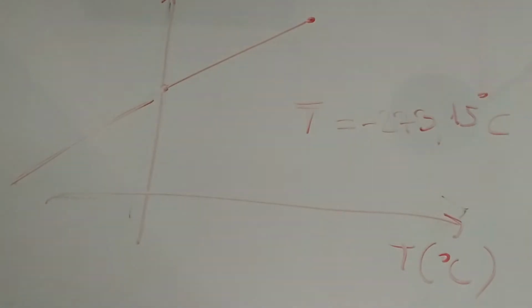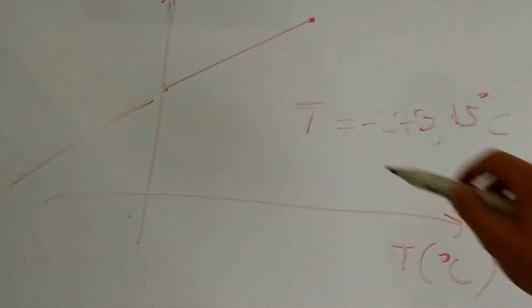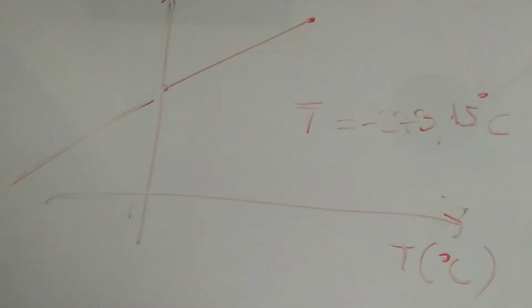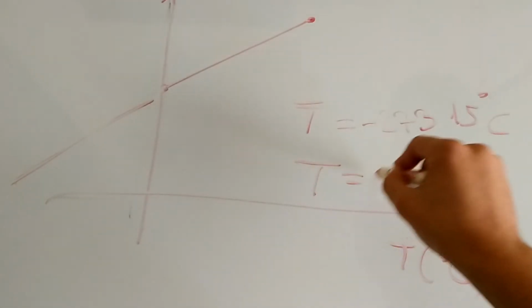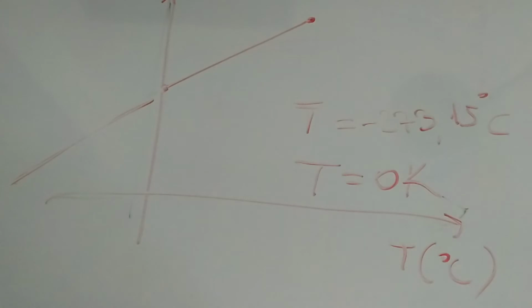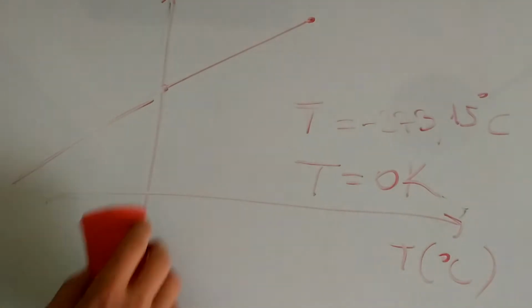Okay, now it's called the absolute 0 point because minus 273.15 Celsius is equal to 0 Kelvin. And now we'll jump a little bit into temperature scales, and we'll study the Kelvin scale and the Fahrenheit scale.